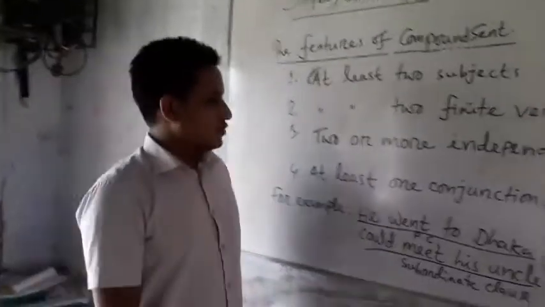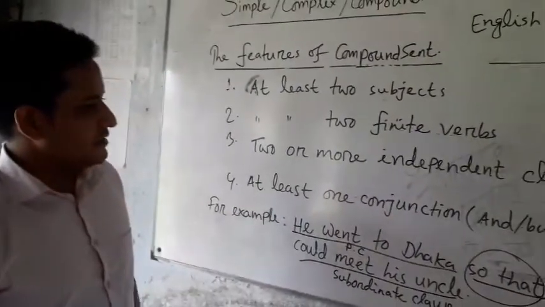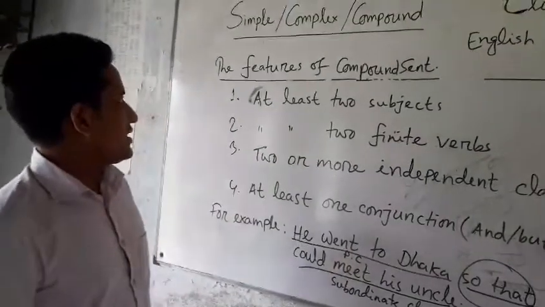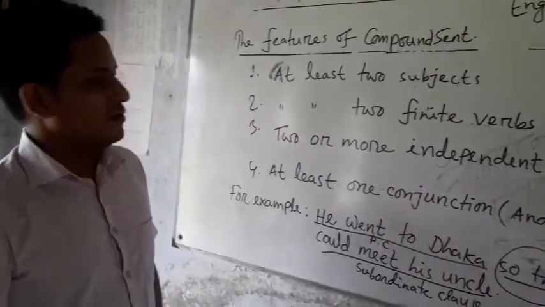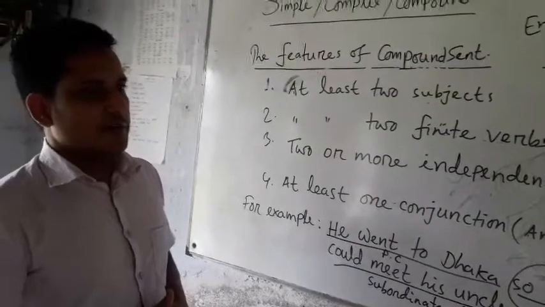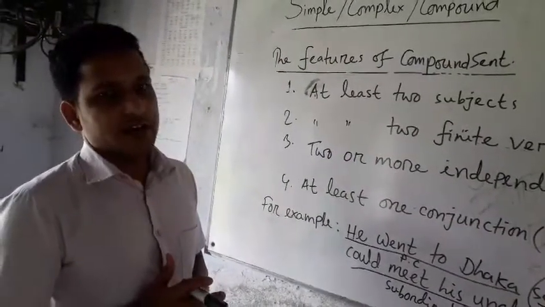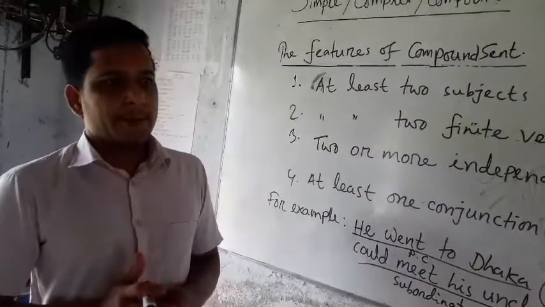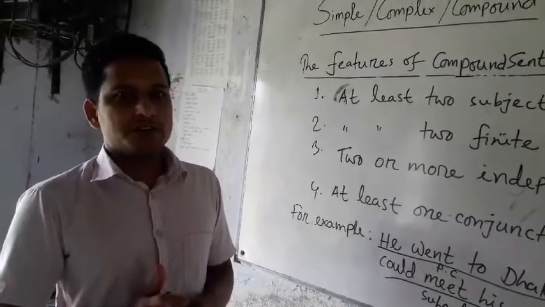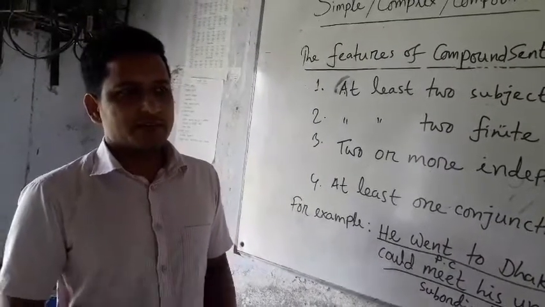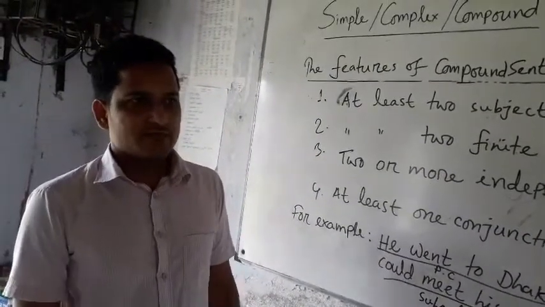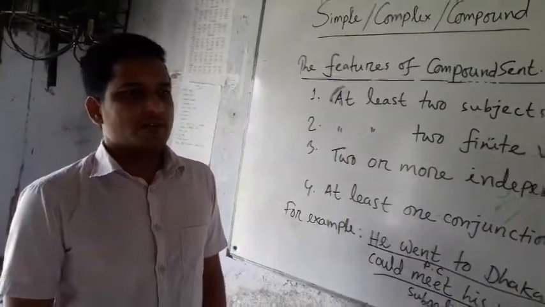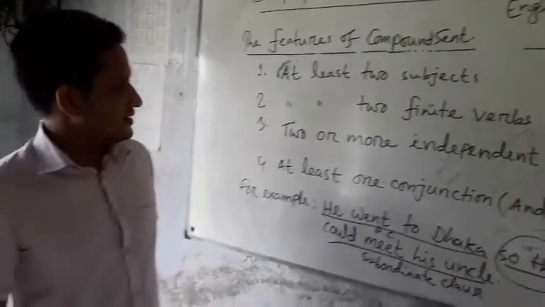In compound sentence, and, but, or are mostly used as conjunctions, but in complex sentence we find different conjunctions like as, since, because, though, although, who, which, what, that, unless, lest, so that. We find these kinds of conjunctions in complex sentence.